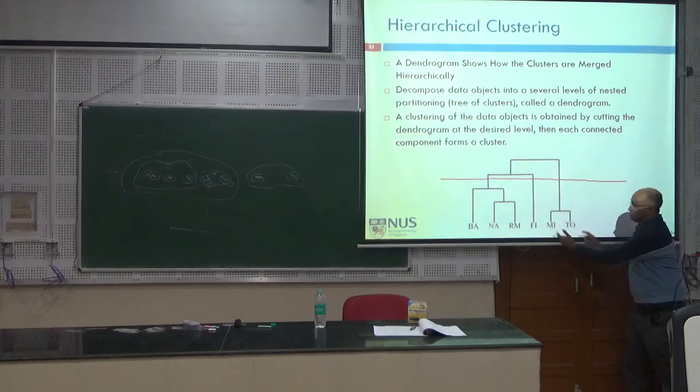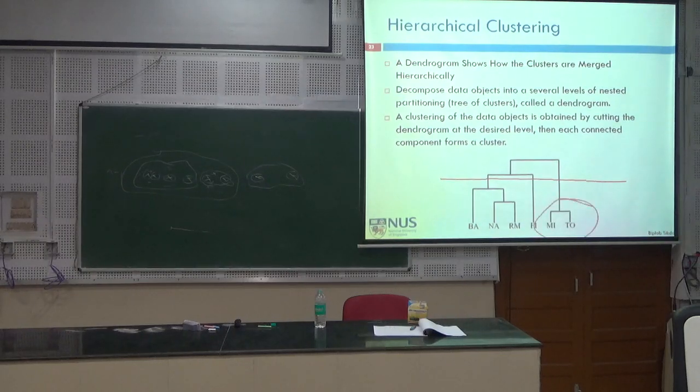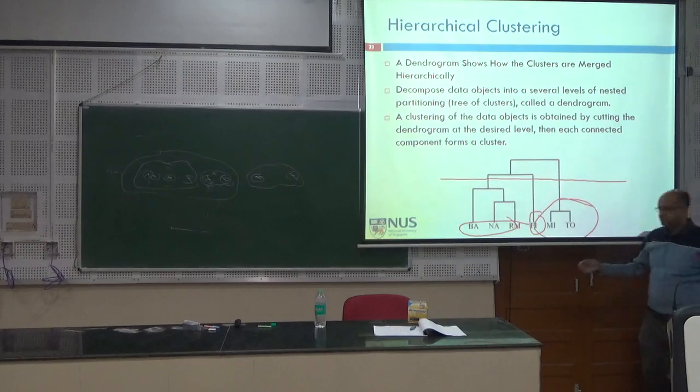So one cluster is these 2 together. Another cluster just has this, and the third cluster has all of them together. So these are my 3 clusters. If you wanted just 2 clusters, and so on, you can figure out how many clusters you want.